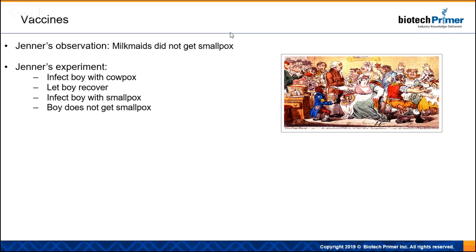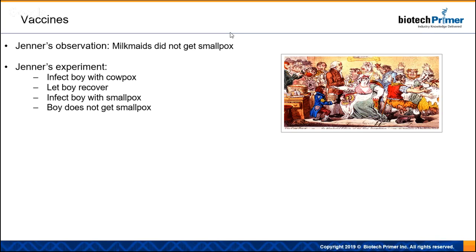So people were either dying from smallpox or they were left with disfiguring scars from the disease. And so Jenner hypothesized that milkmaids did not get smallpox because they somehow were protected by their exposure to a similar virus that cows got, cowpox.